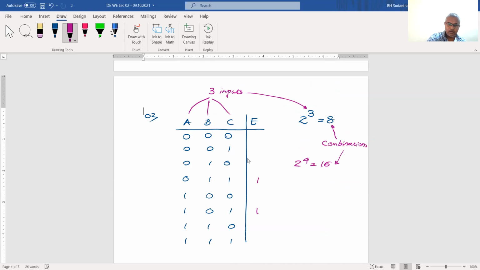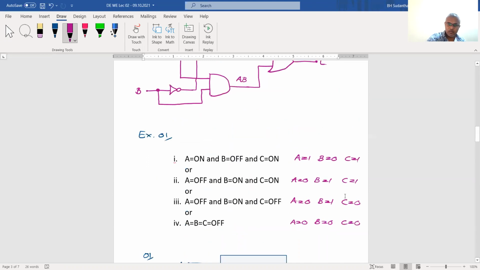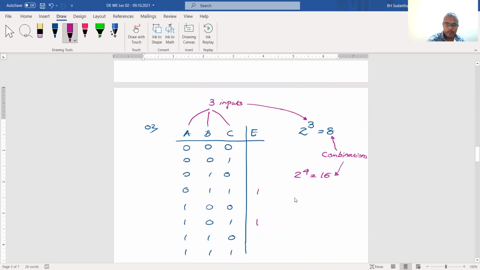This should be 1. The third combination, 010. The final combination is 000. And for all other combinations, E should be 0.